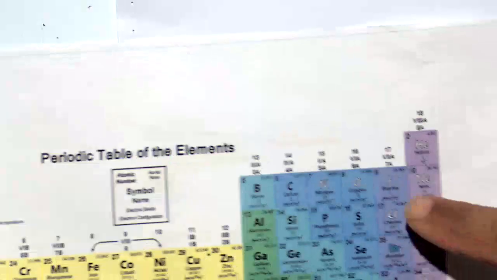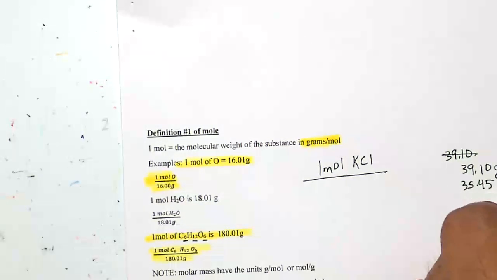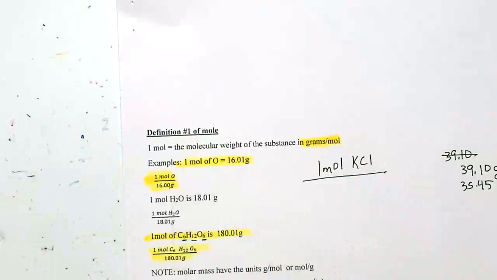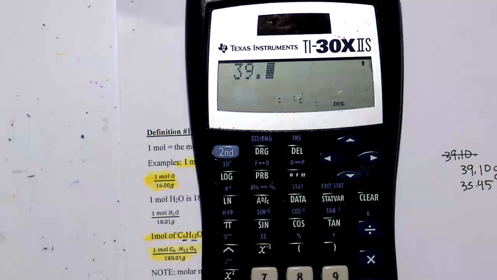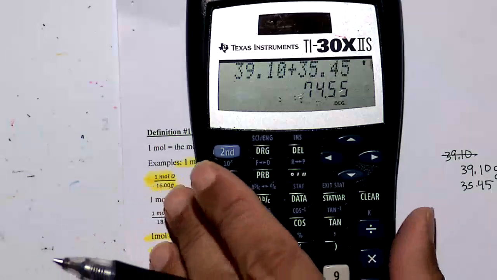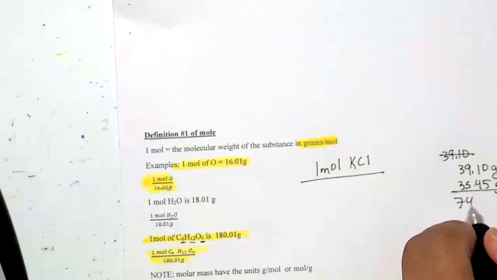Grams per mole. What is Cl? 35.45. So add, what's 39.10 plus 35.45? 74.55, something like that.